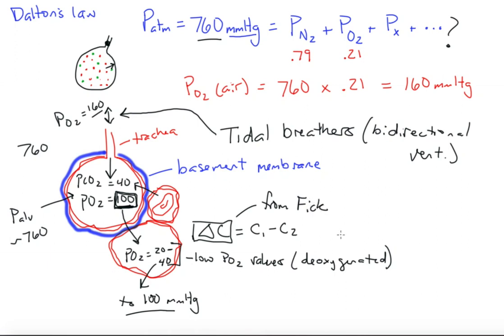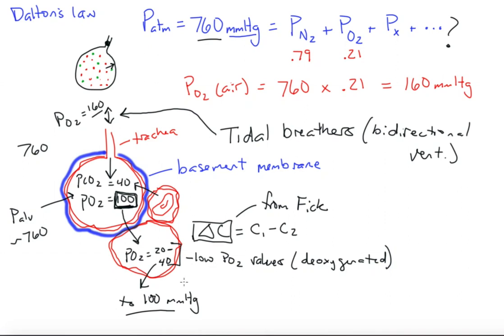Fick's first law basically says that concentration gradients drive diffusion, right? There's a bunch of other factors in there, and we have a video on that. But the concentration gradient drives the diffusion, and the difference between 100 and 40, or 20, that's even bigger, right? Is sufficient to equilibrate the blood with this oxygen in the alveolar air. Okay, so good diffusion with that size concentration gradient.